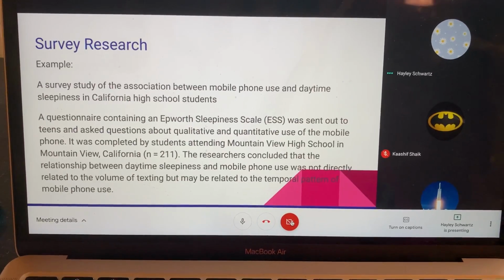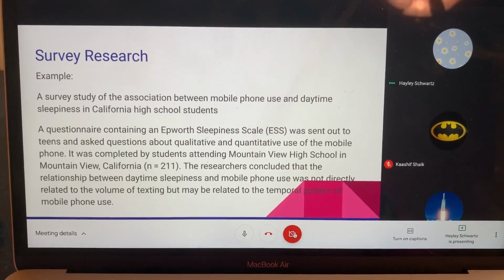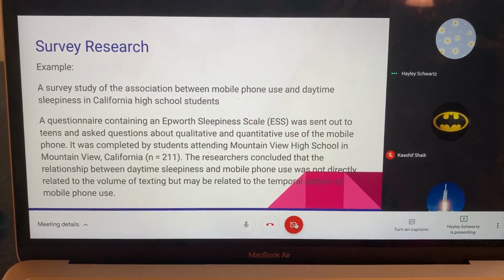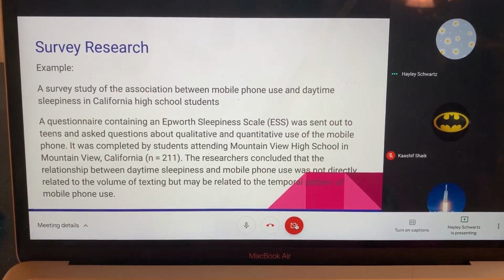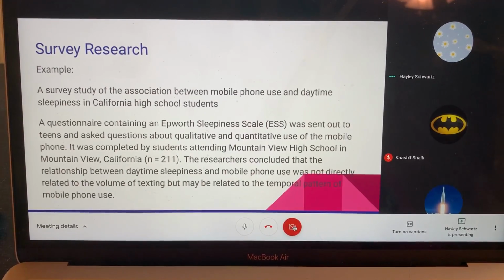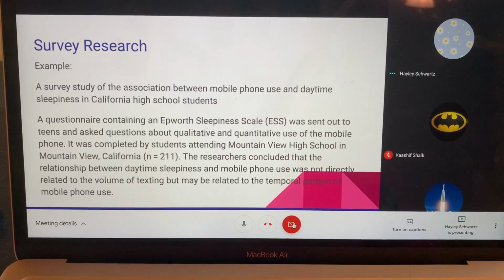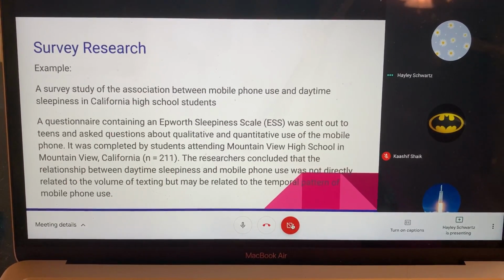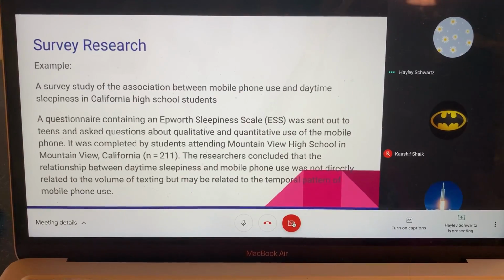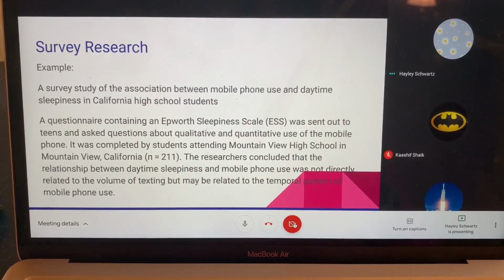Here's an example that I found in a research paper. The paper used a survey study of the association between mobile phone use and daytime sleepiness in California high school students. They sent out a questionnaire containing an Epworth sleepiness scale to teens, and asked questions about qualitative and quantitative use of the mobile phone.